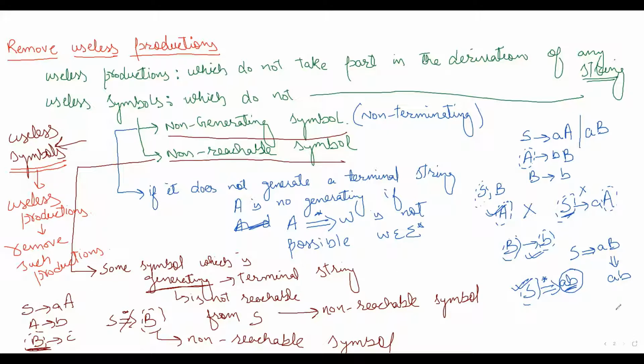Let me give an example. S gives ABS, or ABA, or ABB. A gives CD, B gives AB, and C gives DC.